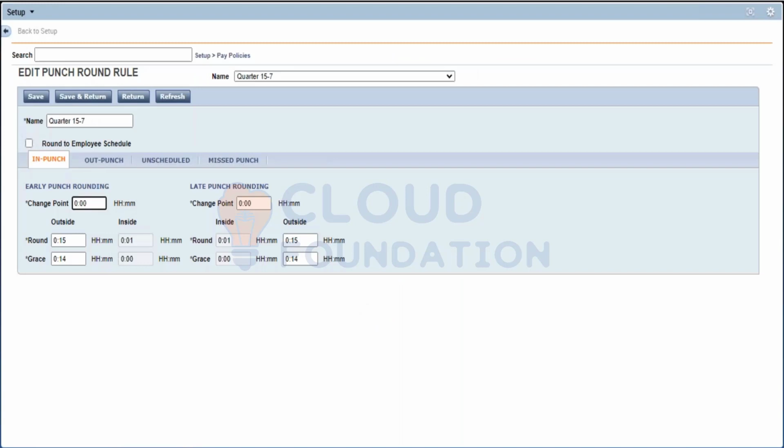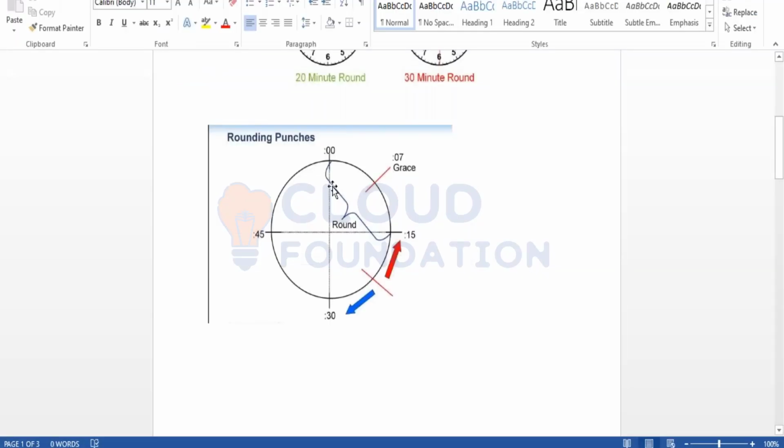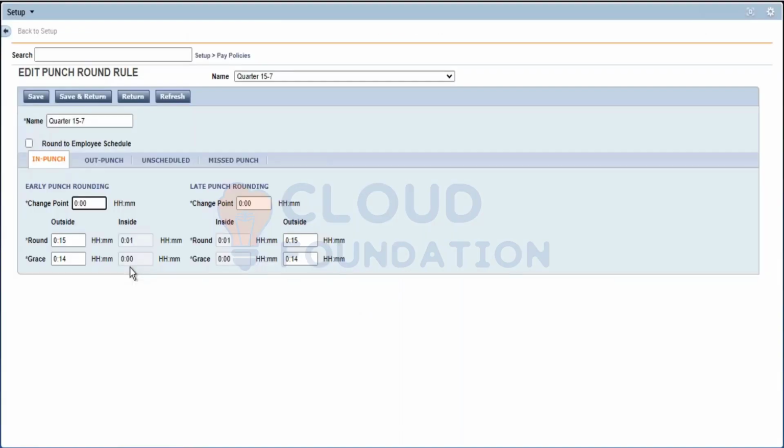Now if you see the outside and inside punch, this is grayed out because I don't have anything in my change point. Once I assign a change point, this whole hour gets divided into inside and outside: inside of the change point and outside of the change point.